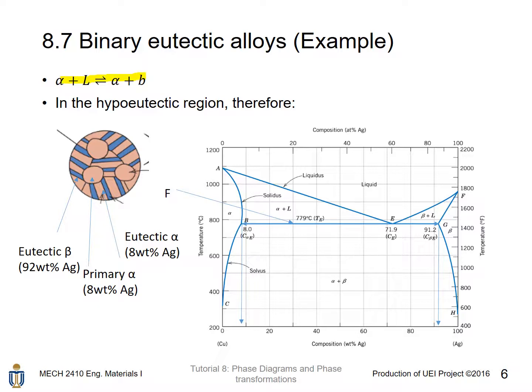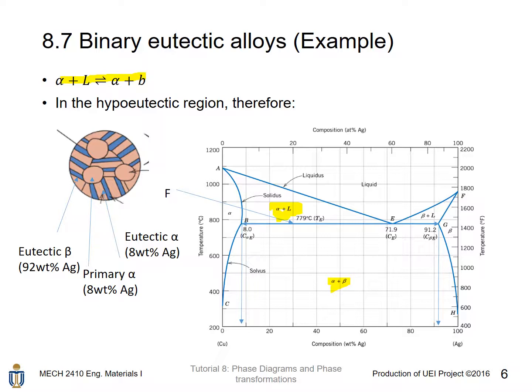But how can we know the reaction equation is written in this way? The first thing, we notice the two regions just above F and just below F. Just above F, we have these two states, alpha phase and the liquid phase. And just below point F, we have these two phases, the alpha state and the beta state.